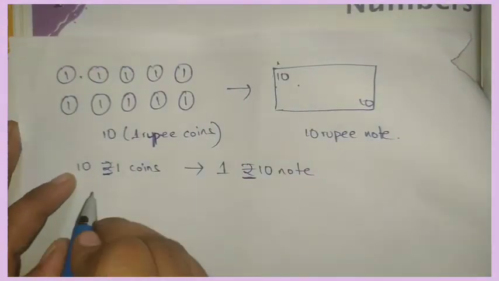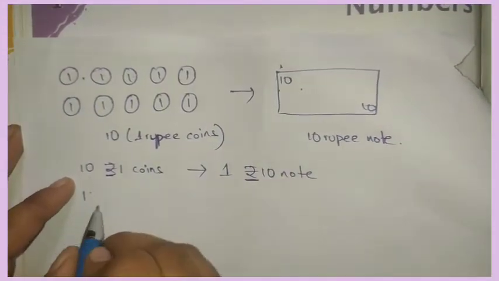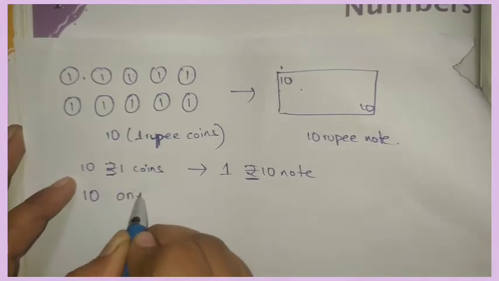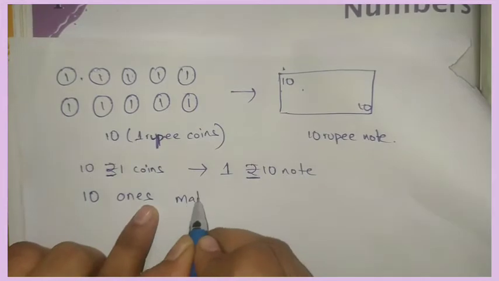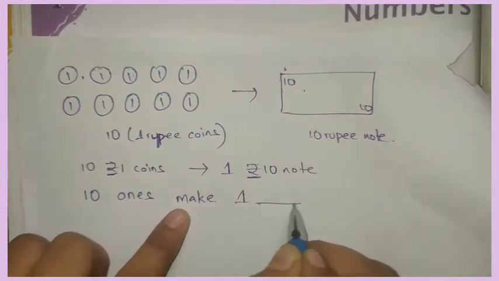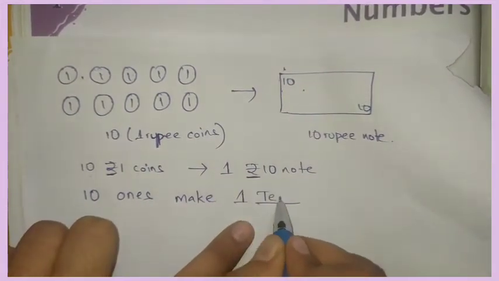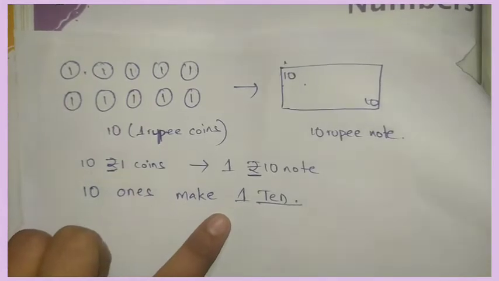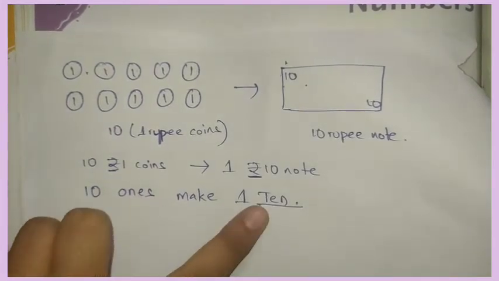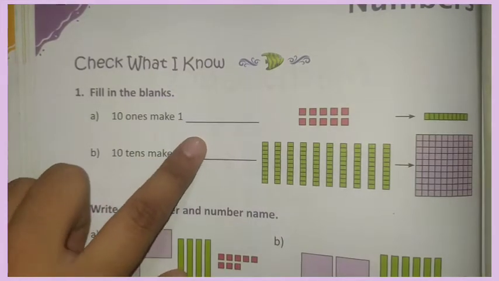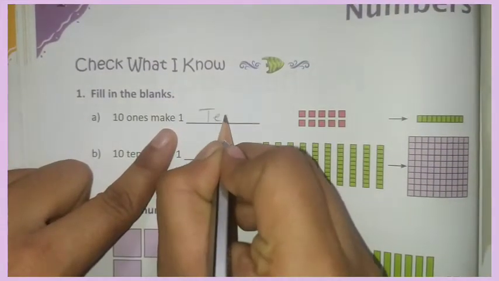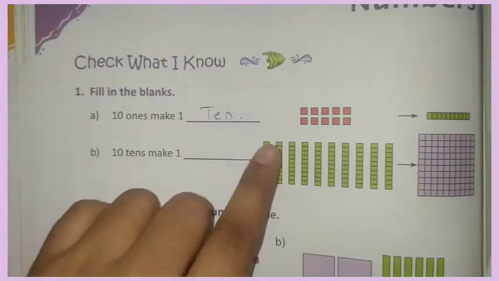Like that only, 10 ones make how many tens? Yes, 1 ten. 10 ones make 1 ten. I hope you understood this.